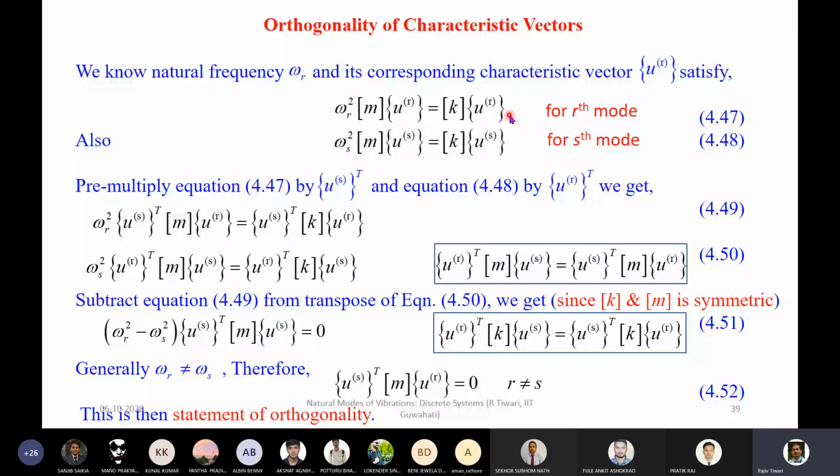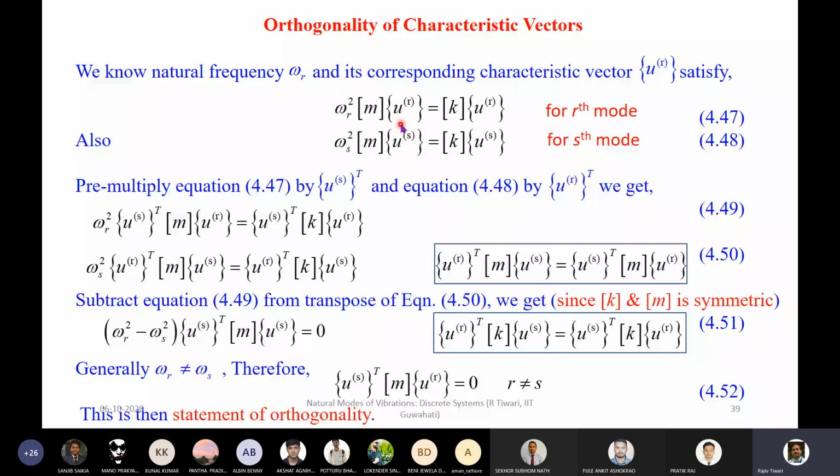If I'm saying the sth mode, then if we put the corresponding natural frequency and corresponding eigenvector in this eigenvalue problem, it should also satisfy, because this should hold for all the eigenvalues and corresponding eigenvectors.